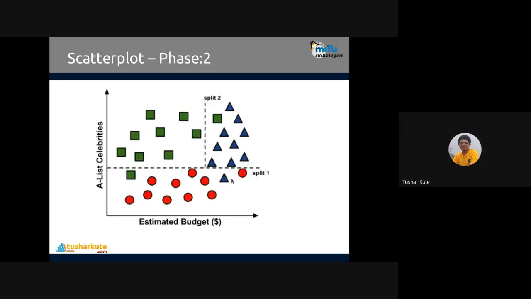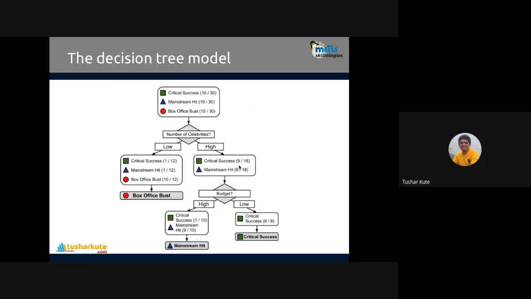Here it's a 50-50 chance. If you combine all these movies together, we'll be having 18 movies, 9 critical success, 9 mainstream hit.